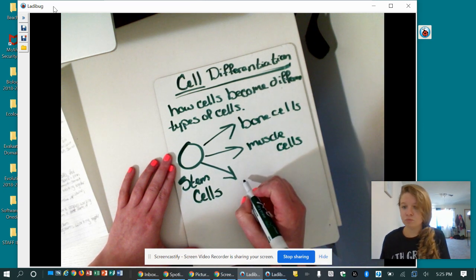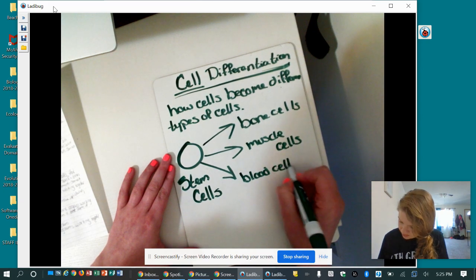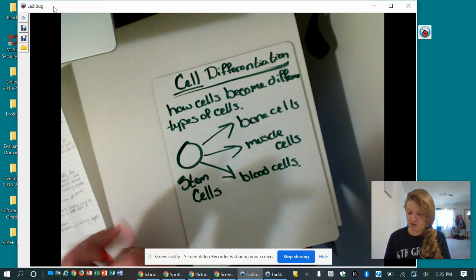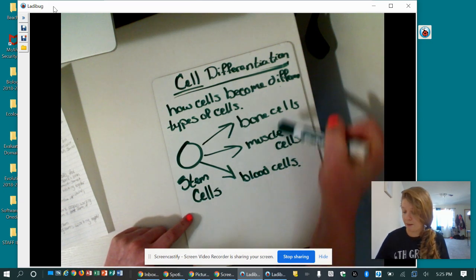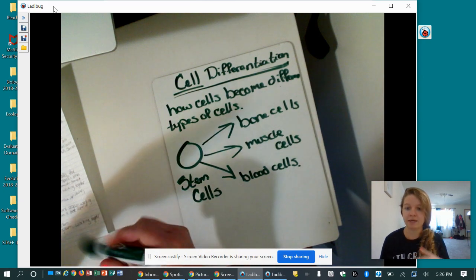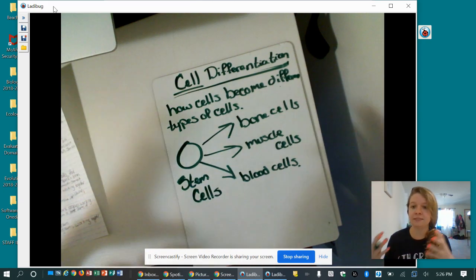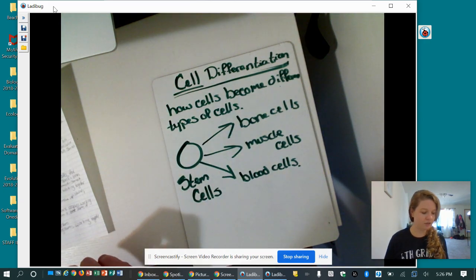And what else? Blood cells. So cell differentiation is the process of how stem cells can turn into bone cells, muscle cells, blood cells, all the other different types of cells that make up plants and animals. That whole process is called cell differentiation.